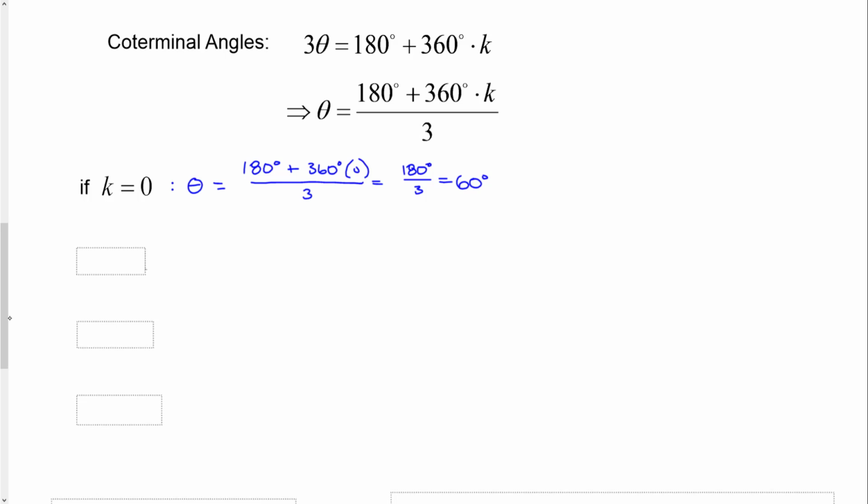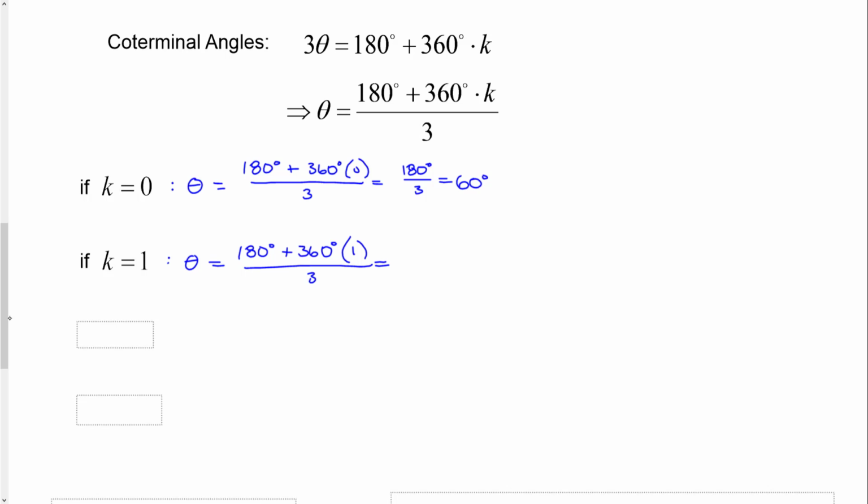So that's one value. If k is equal to 1, then theta would be 180 degrees plus 360 times 1, divided by 3.